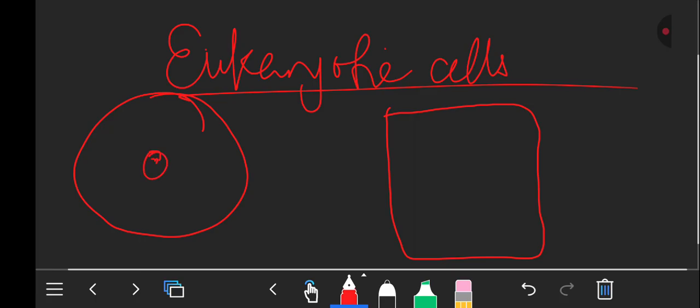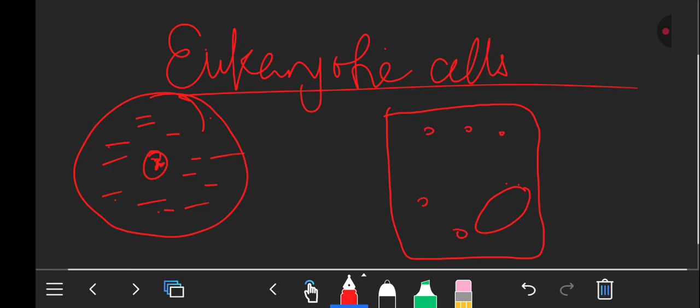Just those simple things, right? Okay. So they're just the plant cell and the animal cell.